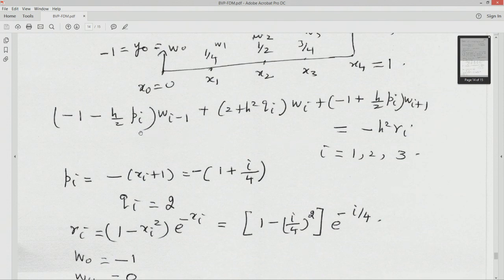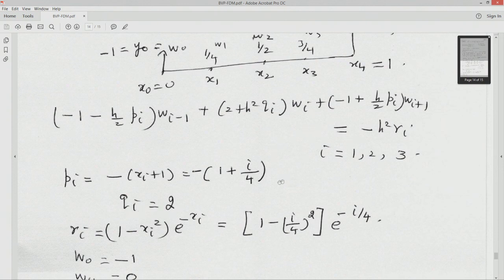What are p i? p i are given by minus of x i plus 1. What is x i? x i is x naught plus i h. x naught is 0, h is 1 by 4. So, x i is i by 4. So, minus of x i plus 1 is minus of 1 plus i by 4. What about q? q of x is 2. So, q of x i, that is q i, is 2.